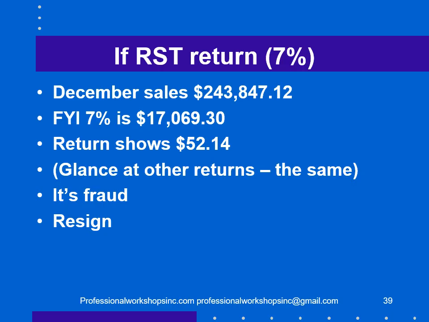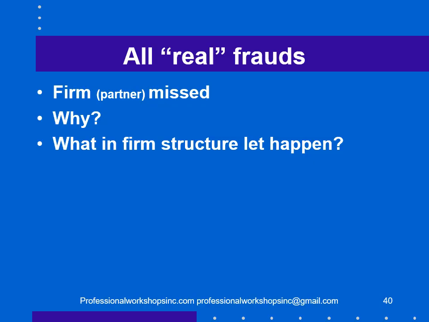The return shows tax collected of $52. We look at all the other returns, they're all the same. We know this company sells stuff locally, all of it. Everything sold is subject to retail sales tax. It's fraud. Resign.